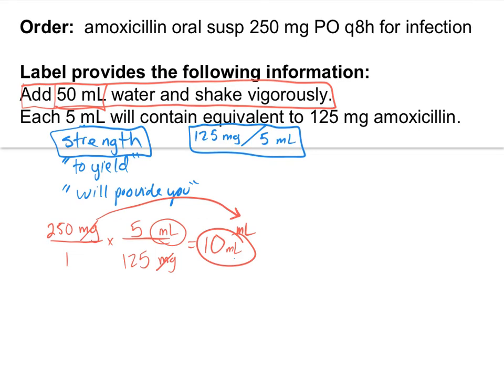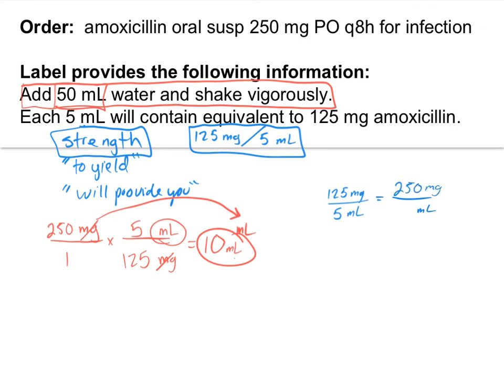You could also set this up using a proportion. So we know the strength of the drug. This is the relationship between the weight of the drug, or the mass, the milligrams, per mLs, and this is an invariant relationship that will hold as the strength. So if we were to look for an equivalent number of mLs, we don't know the mLs for 250 milligrams.